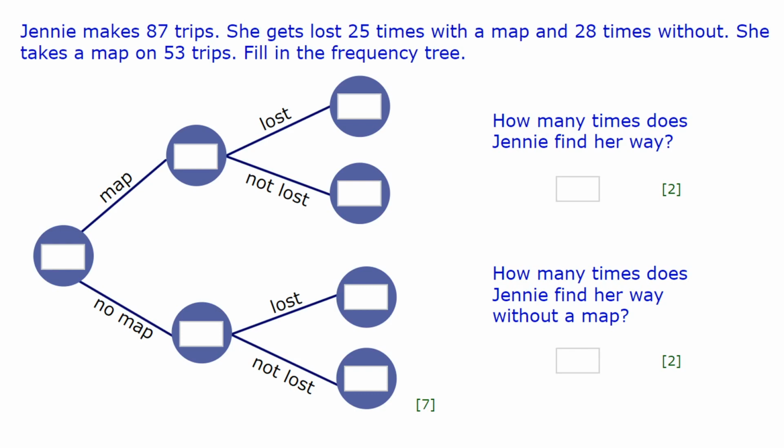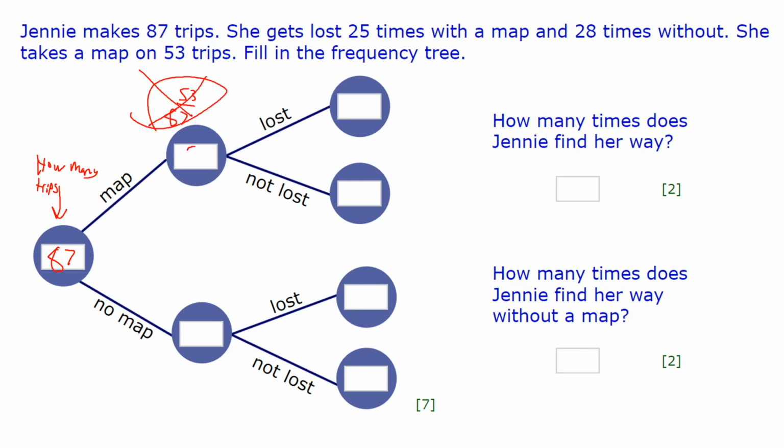So here at first, we have 87 because this is how many trips? Okay. And now this is how many times she takes a map. It's not the probability of her taking a map, right? So it's not going to be 53 over 87. That's wrong.